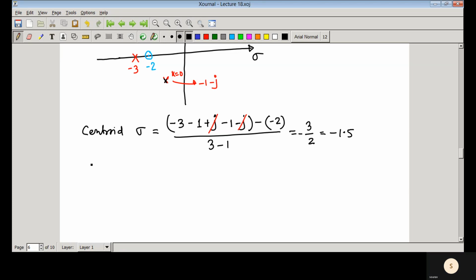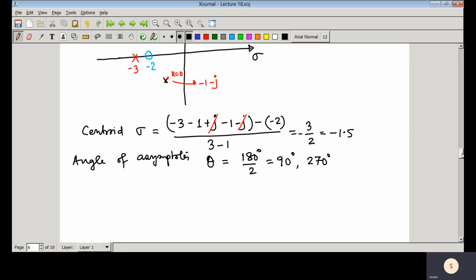And for the angle of asymptotes, theta equals 180 degree divided by 2, that is 90 degree, and when k equals 1 that would be 270 degree or minus 90 degree.